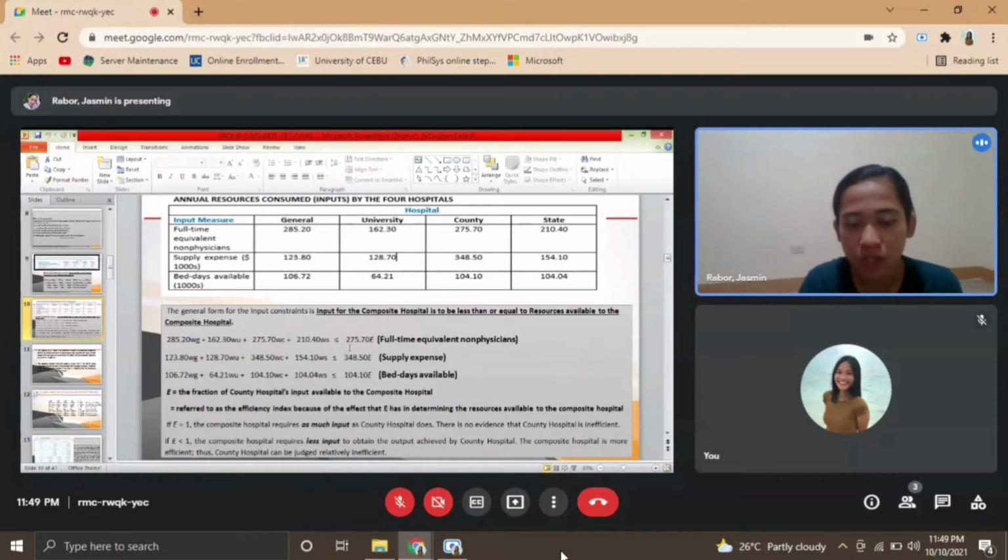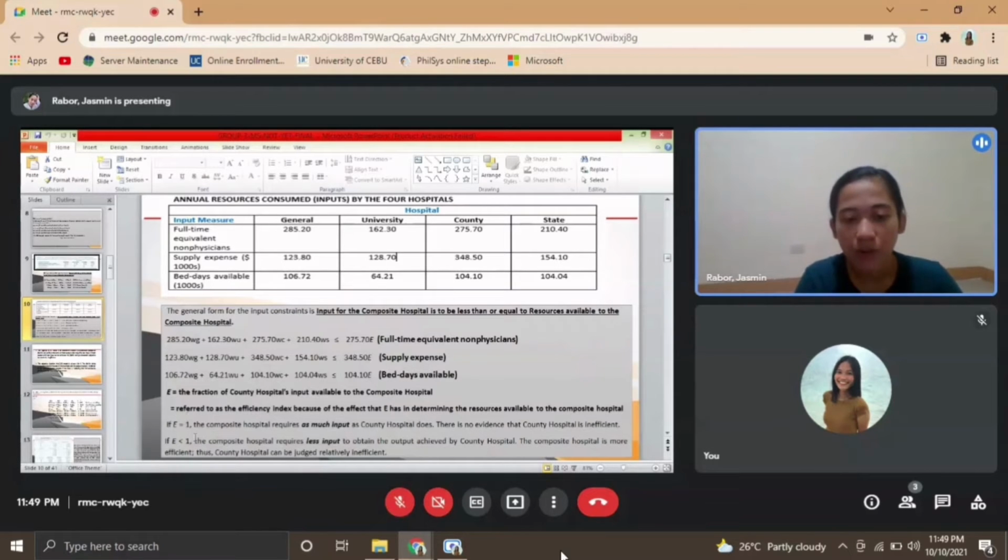It is compared against the right-hand side value, which is the inputs of the county hospital, the hospital being evaluated. And if you notice, on the side there is an E. This E is the fraction of county hospital's input available to the composite hospital. So E is the part of the county hospital's input available to the composite hospital.